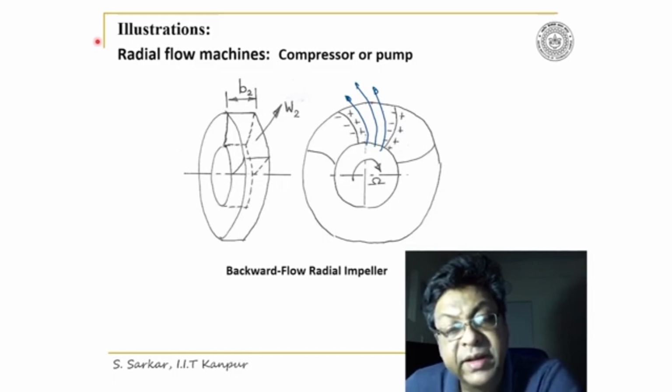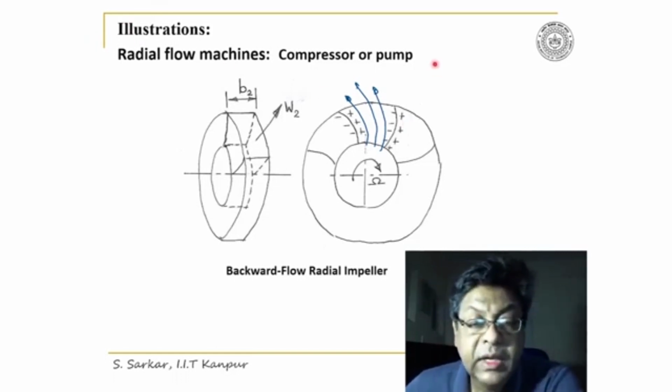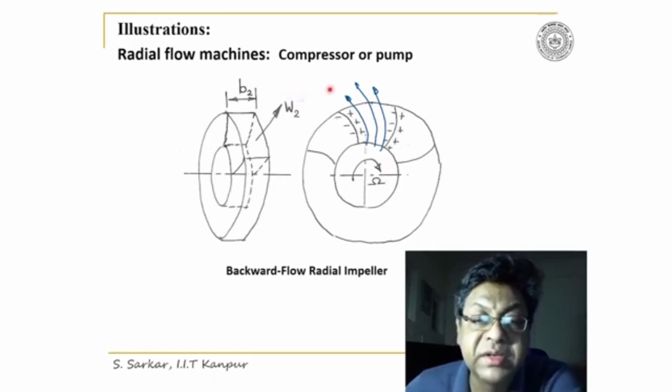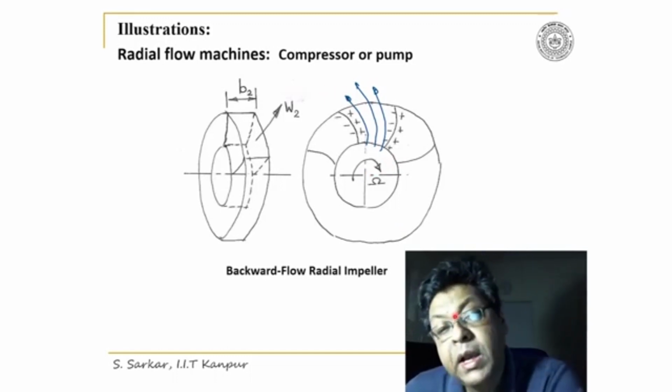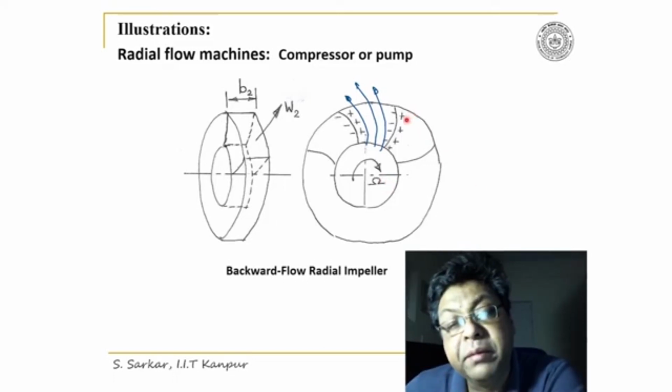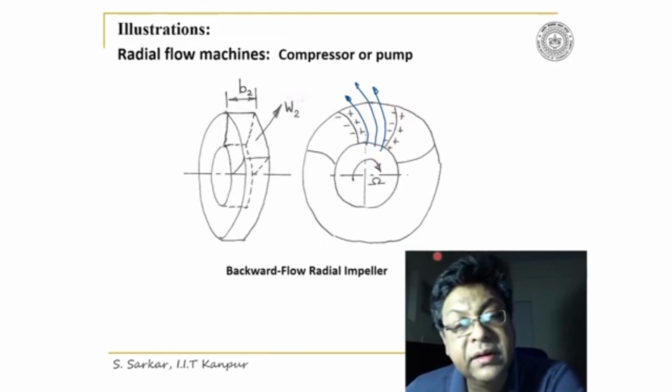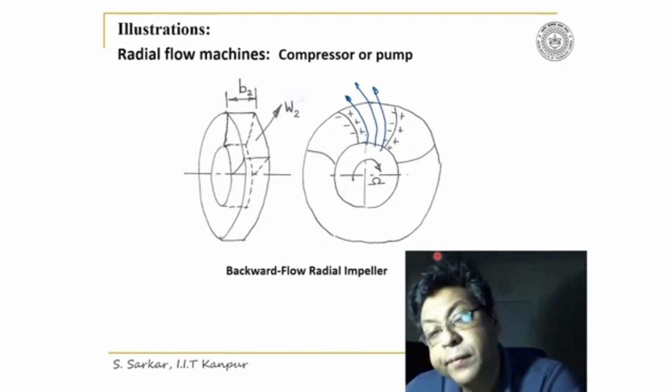To initiate the discussion, I have taken radial flow machines, a compressor or pump. This is a schematic of a backward radial machine where I have shown the meridional streamlines, and I have also indicated the direction of rotation, and plus and minus signs illustrating the high pressure side and low pressure side of the blade.